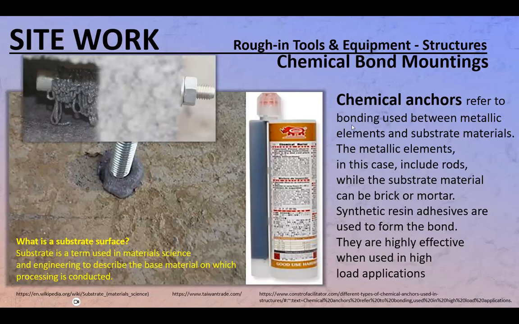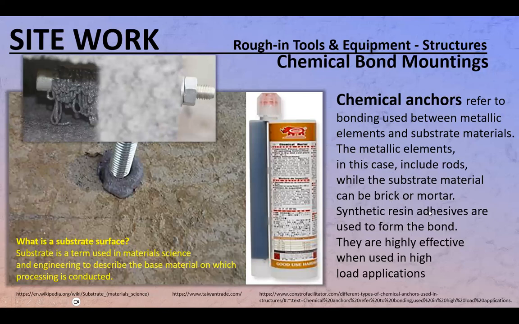So you can read this thing here. Well, maybe I can read it. Chemical anchors refer to bonding used between metallic elements and substrate materials. Find out what substrate is. The metallic elements in this case include rods, while the substrate material can be a brick or mortar.